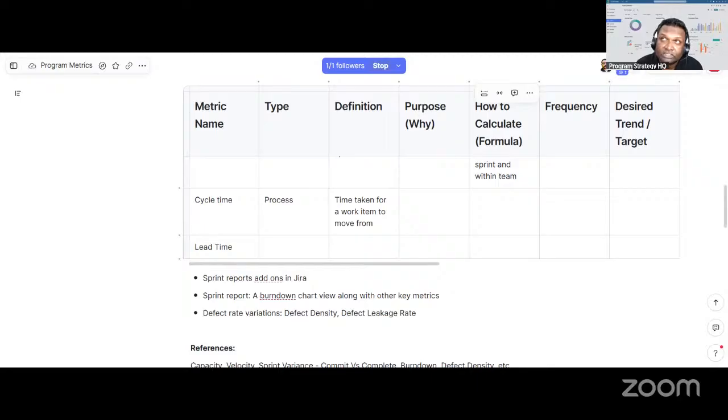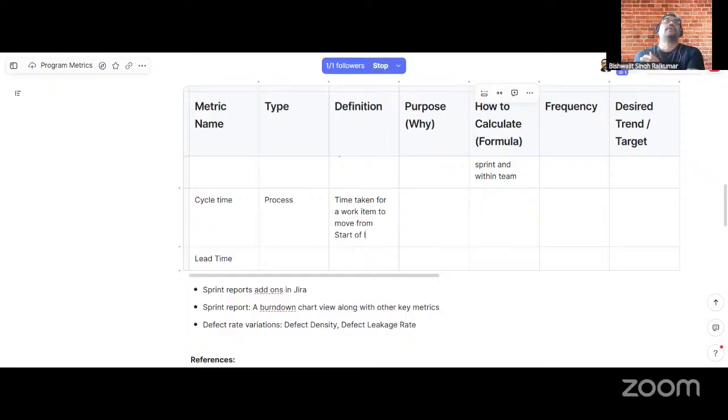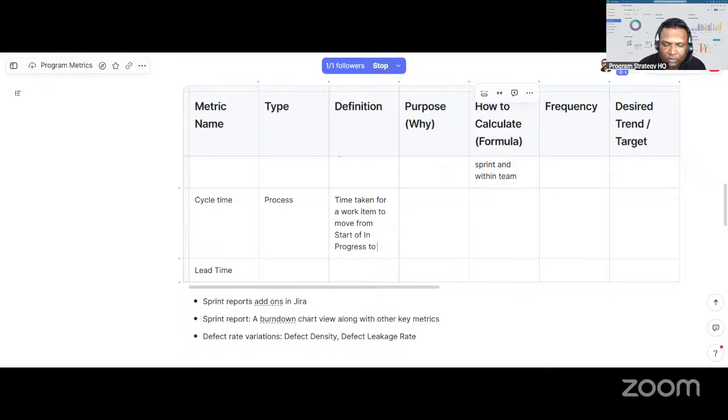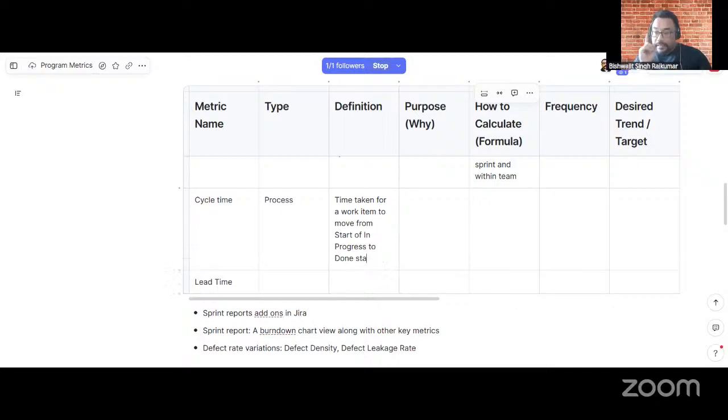In progress means the time when you move that into the in progress column, from the start of in progress to the start of the done state. In some cases, we also have review in between, because in our case we have in progress, review, and then done.